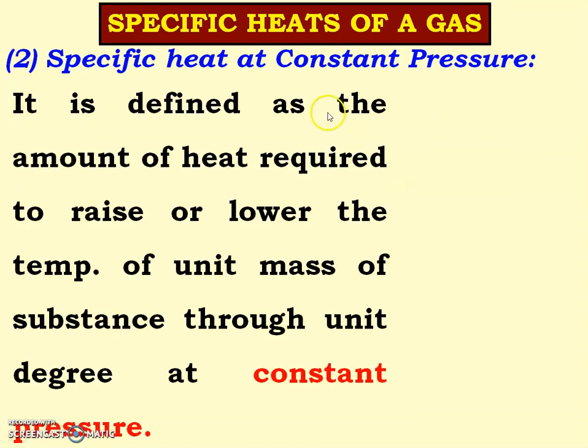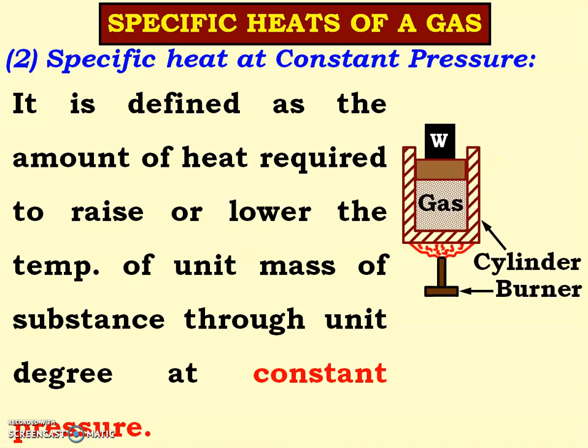Again, the definition of the specific heat at constant pressure is the same as the definition of specific heat. Only we have to add the words "at constant pressure", and it becomes the definition of specific heat at constant pressure. Now let us understand it graphically. So this one is the cylinder in which some gas is filled.